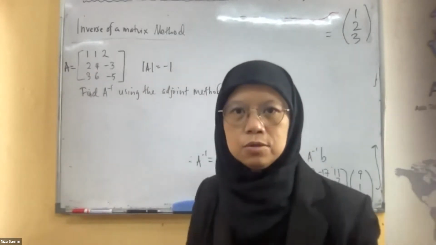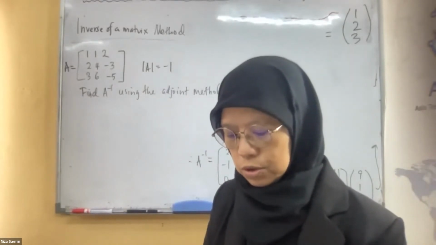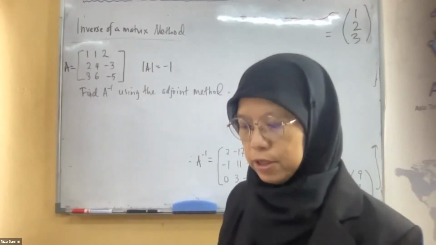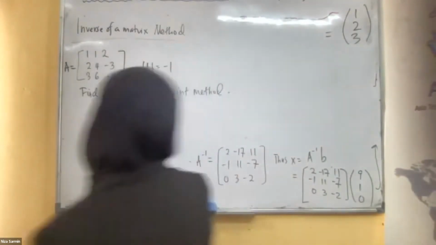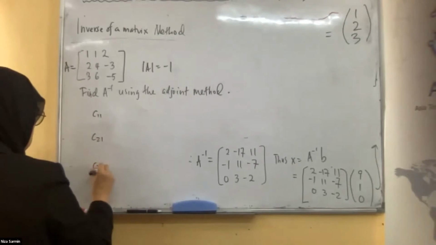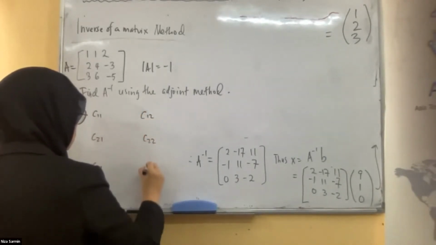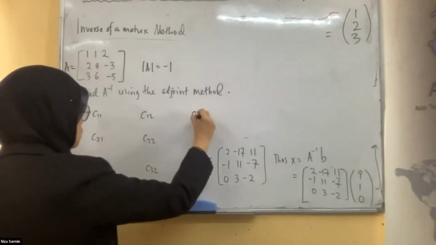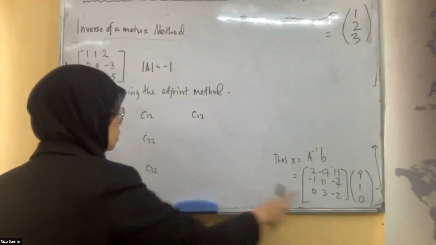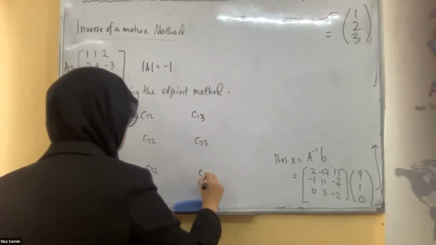This one is not in the notes, because in the notes I use the inverse using the row operation. Okay, so we will write C11, C21, C31, C12, C22, C32, C13, C23, C33.